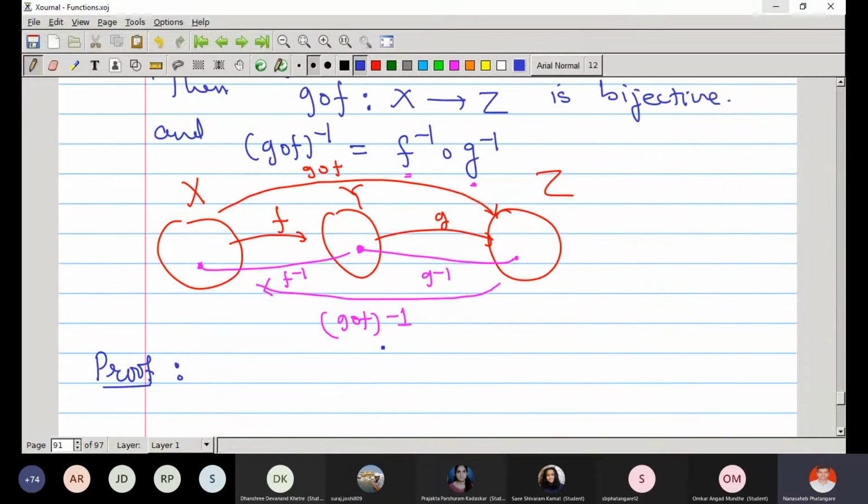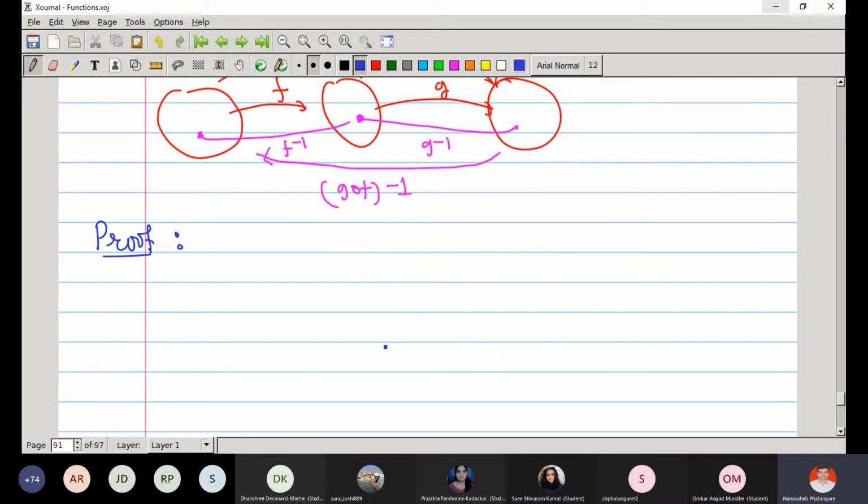Okay, so we want to prove this. How to prove this? What is the strategy? What is given? f from X to Y and g from Y to Z are bijective functions. But now from this figure we see that we should first apply g inverse then f inverse.